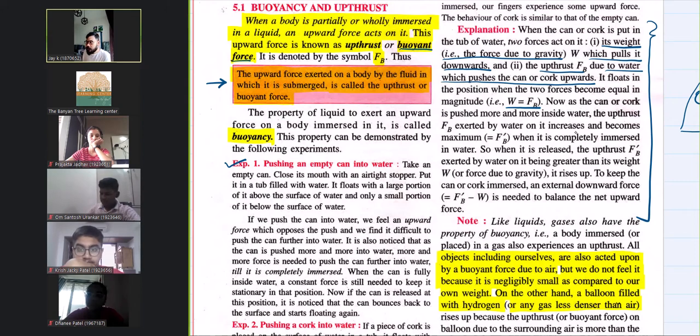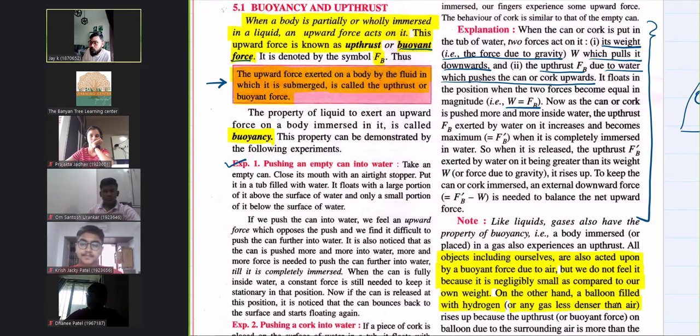Now, if you want to push any floating body under the water, below the surface of water, you need to increase the force which is acting in the downward direction. That means you need to exert force in the direction of the weight of the object, that is, in the downward direction.